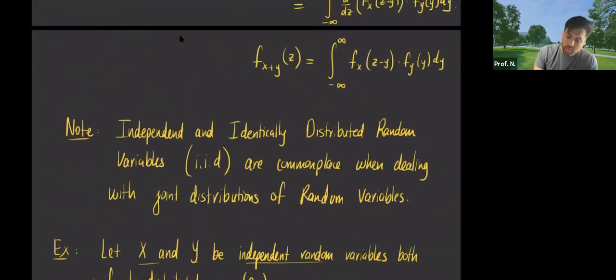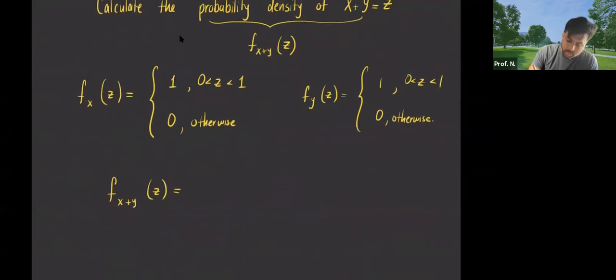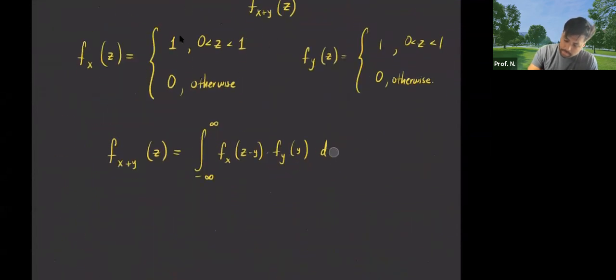Okay, so then what is the density of the sum z according to our formula here? Well, this is the integral from negative infinity to infinity of f of x, z minus y, times f of y, dy.